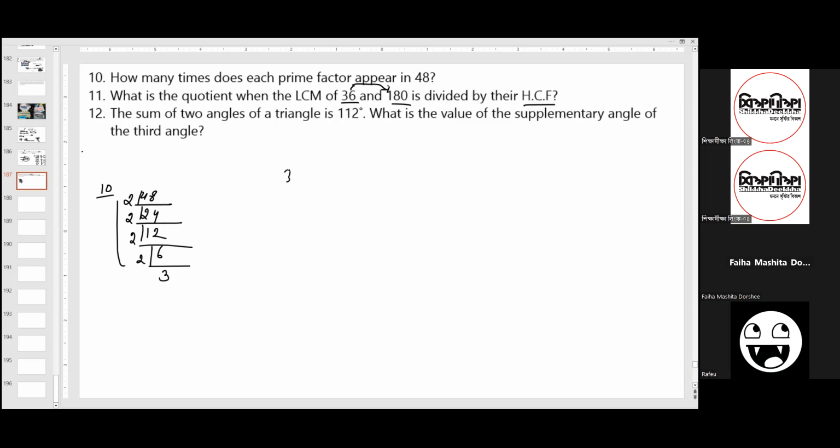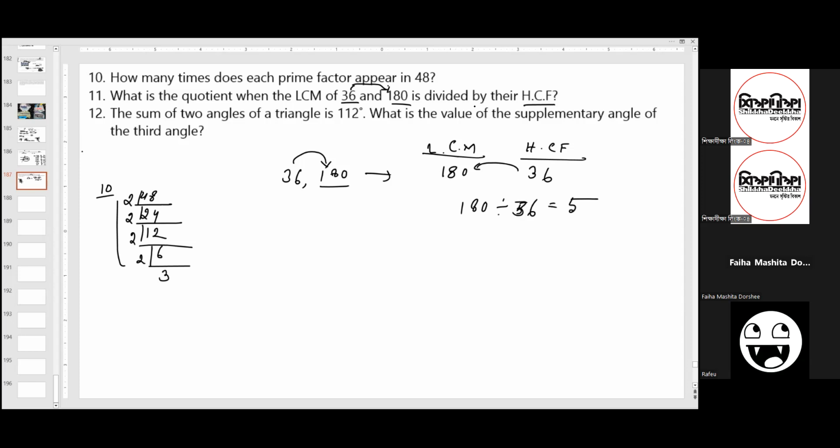So for 36 and 180, as the greater number is divisible by 36, their LCM must be the greatest number and the HCF must be the smallest number among the two numbers given. So if we divide the LCM by HCF, 180 divided by 36 is going to be 5. So the answer is 5.